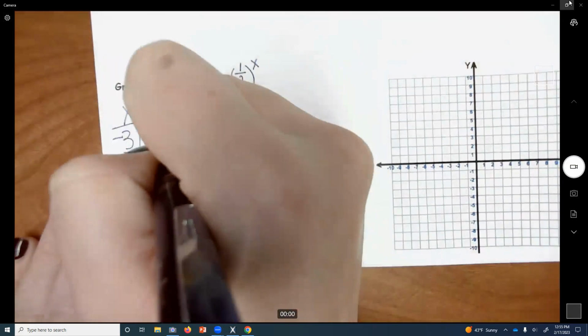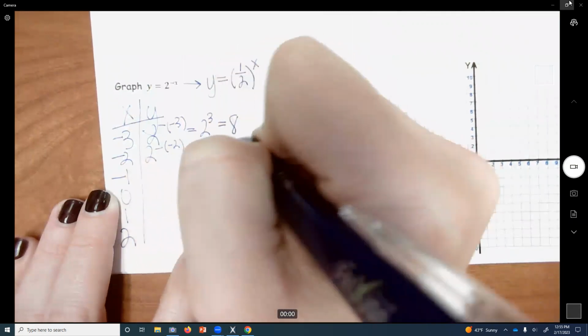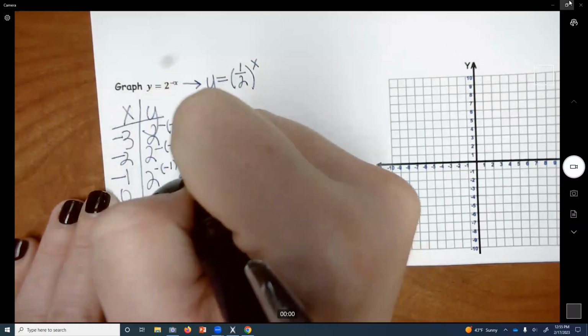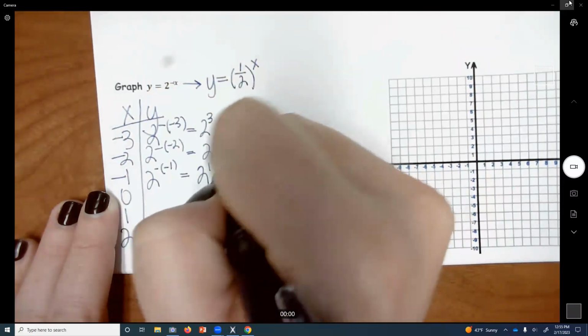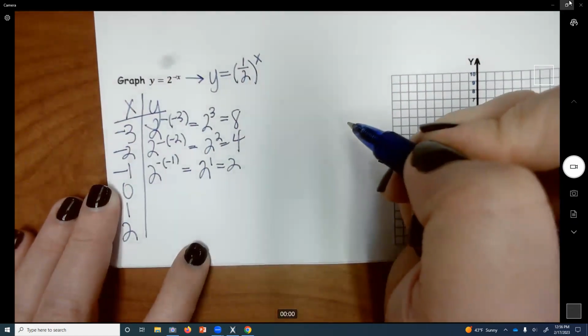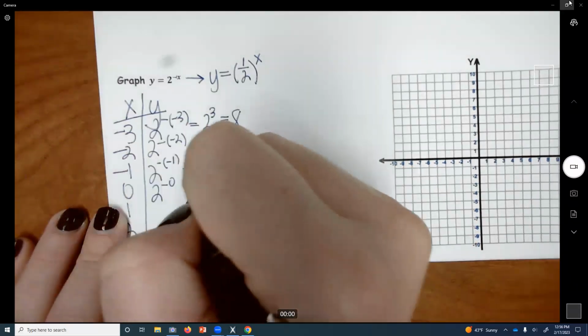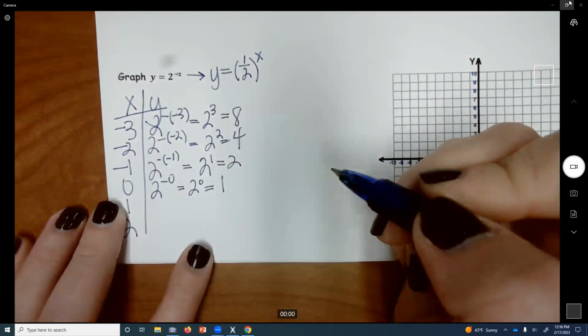Same thing here. I've got -2. So this is just 2 squared to give me 4. I've got -1 to make this 2 to the first, so it's 2. Here I have 2 to the -0 power, which is just 2 to the 0 power, which is 1.